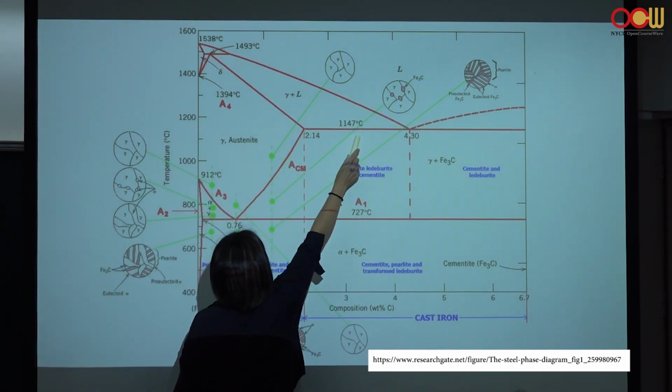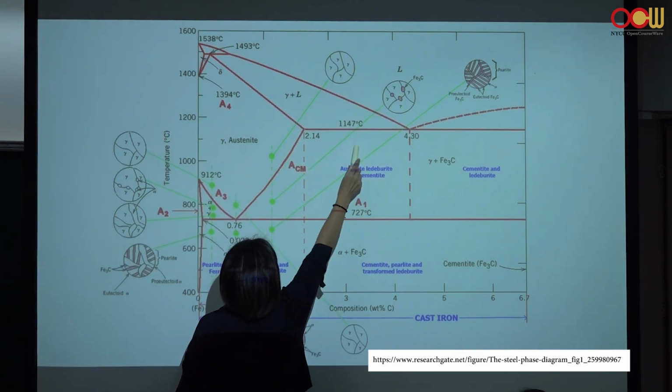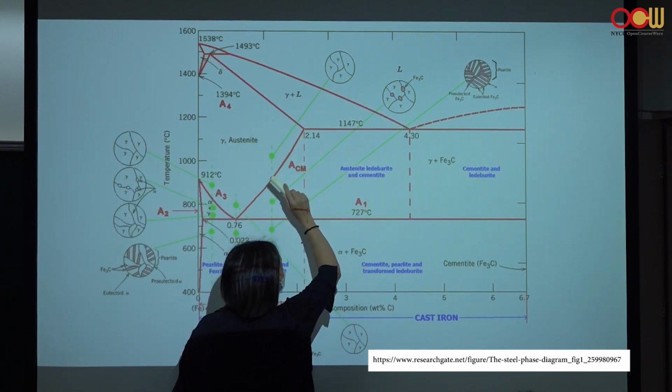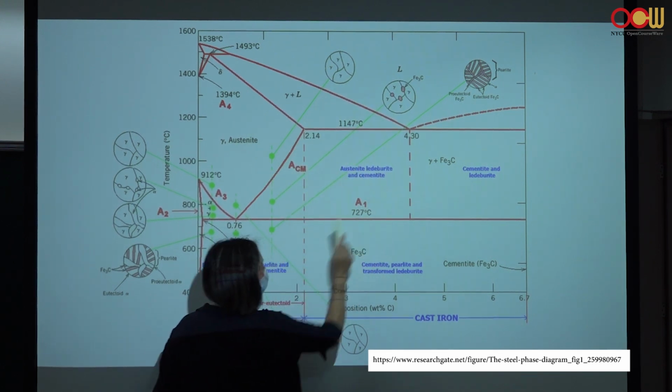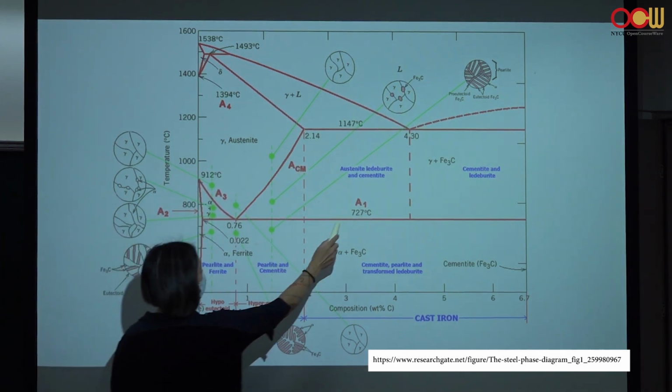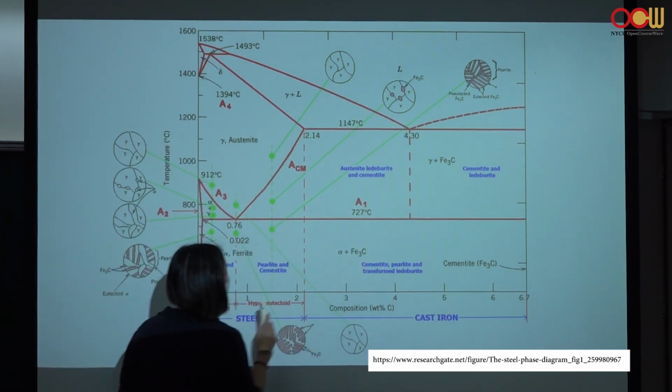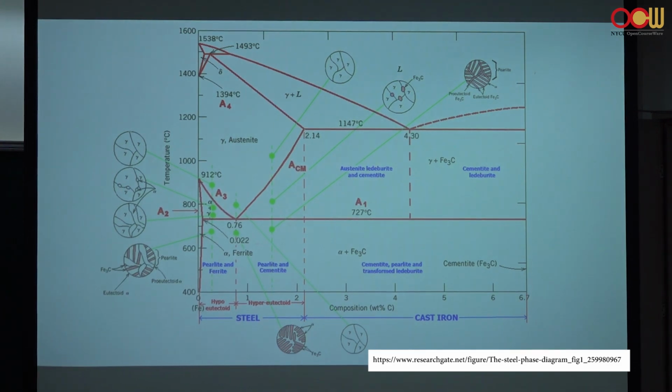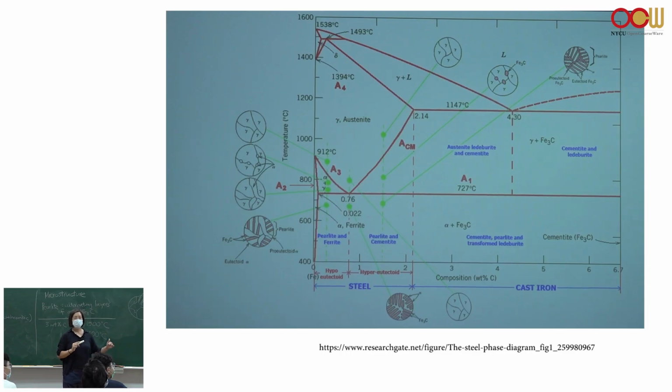At higher temperature, you have the tie line, and you can calculate the percentage of austenite. At lower temperature, you have this tie line, and you could calculate the percentage of austenite. As you lower the temperature, you'll see that the percentage of austenite in the structure becomes less.